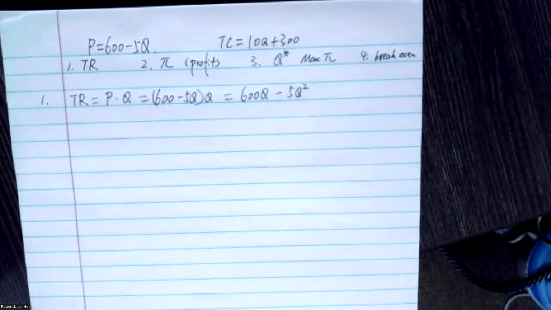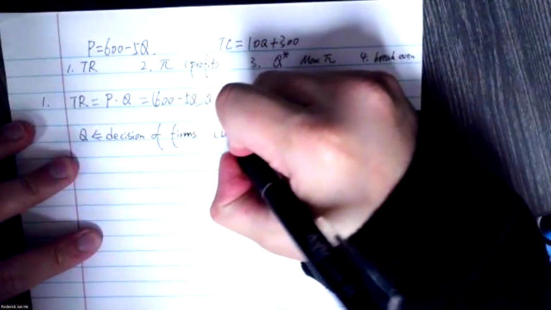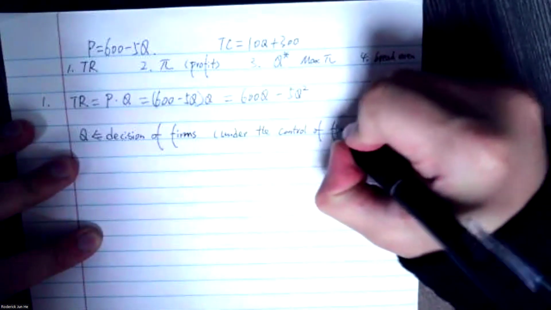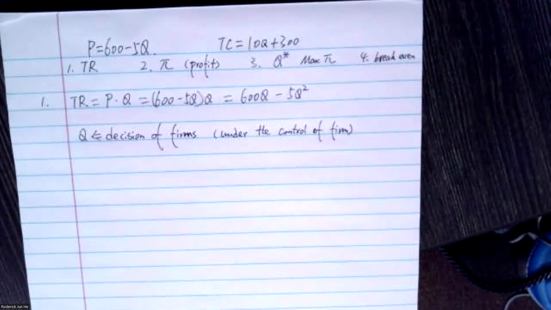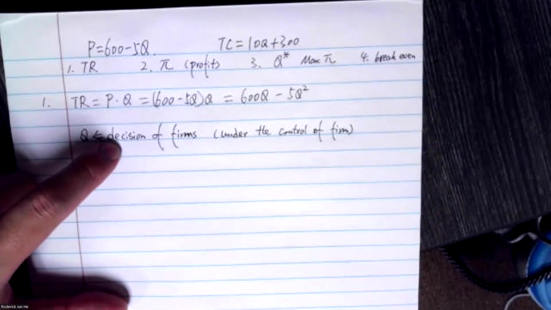And note that here, Q is the decision of firm, or under the control of firm. Why do we say this? Well, think about this. A firm makes a decision to tell its production plant how many parts to assemble this year, right?